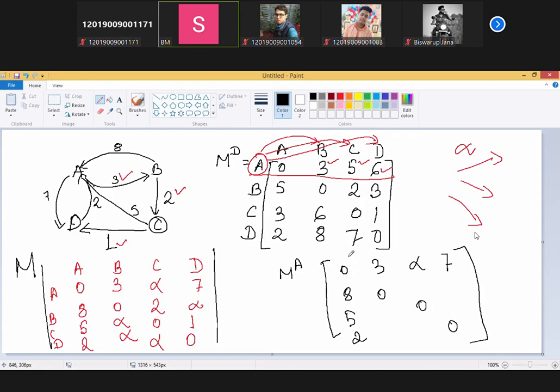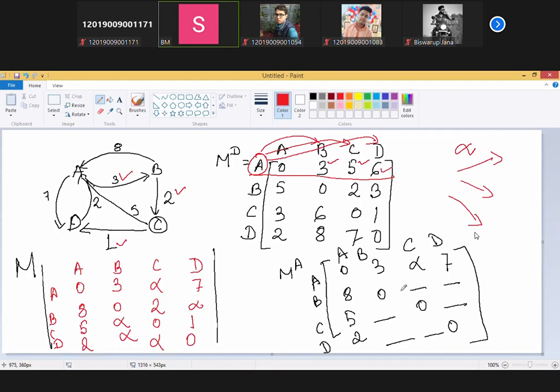Even if there exists any self loop, you just delete that. Now you need to calculate all these locations.